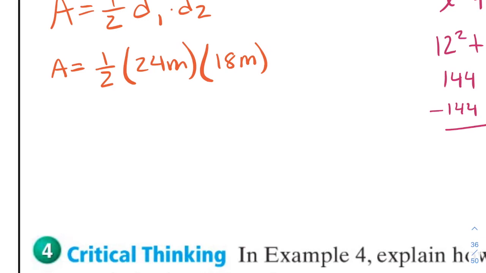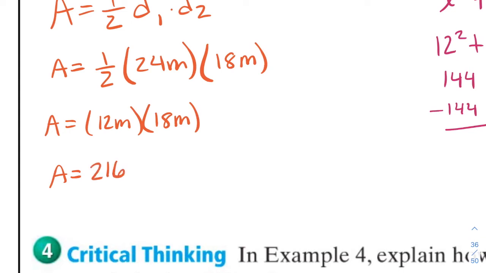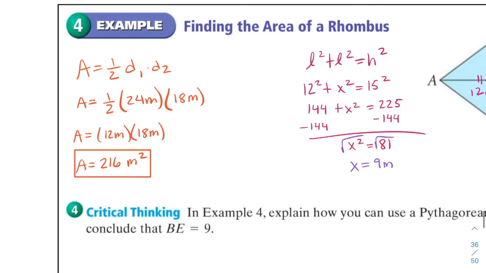So looks like the area is 1/2. Oh, you know what? Half of 24 is 12 meters. Times 18 meters. So the area is 12 times 18, which is 216 meters squared. And we're done.